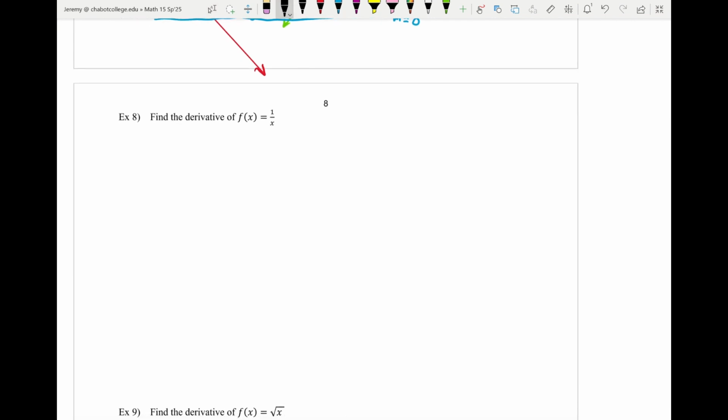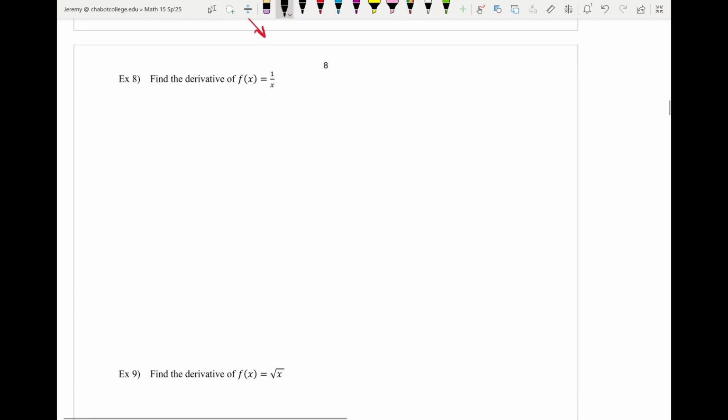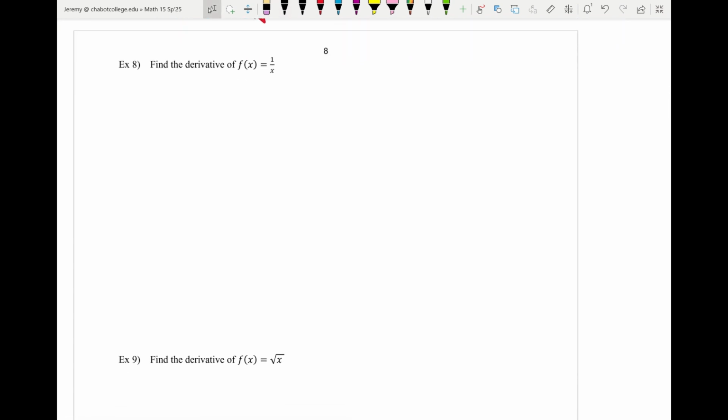We're still just getting used to the math and the machinery of generating these derivative functions. Next, we want to do f of x equals 1 over x. So let's do it. We want to find this derivative. So the derivative f prime of x is just going to be the limit as h approaches 0 of, what's the formula again? F of x plus h minus f of x.